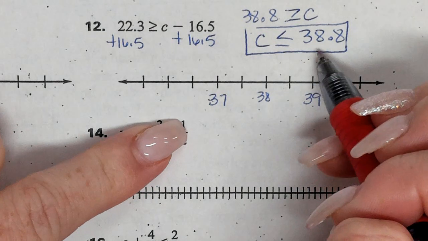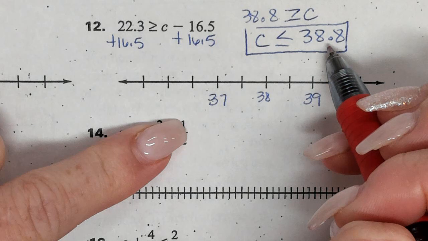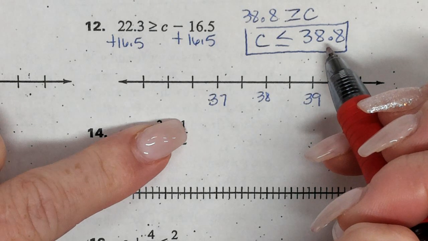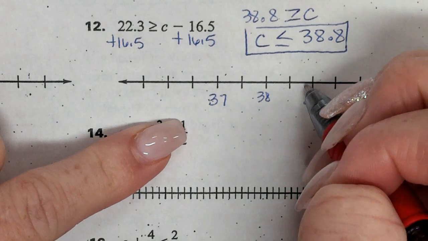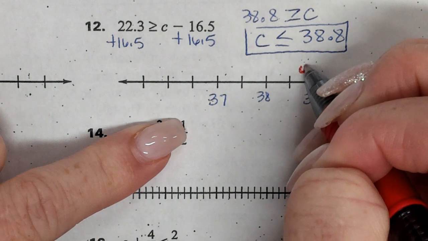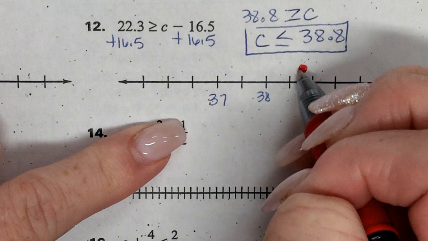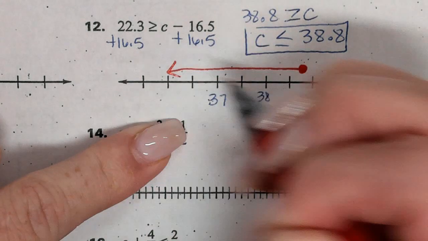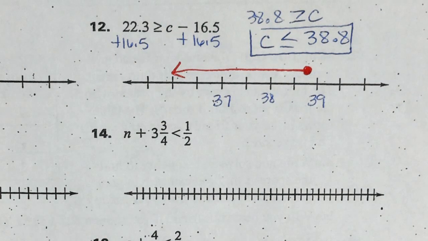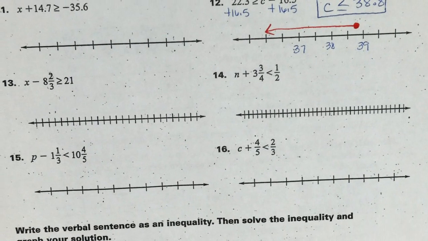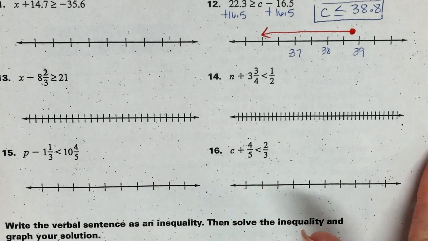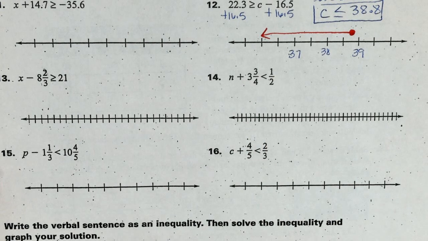Is this going to be a solid dot or empty? Solid, yes. And so it's at 38.8, which is going to be like right in here, and then shaded to the left. Make sense? Now, if you look at like number 14 and 13, they give you lots of little lines, so you could count those as like 0.1s or whatever, okay?